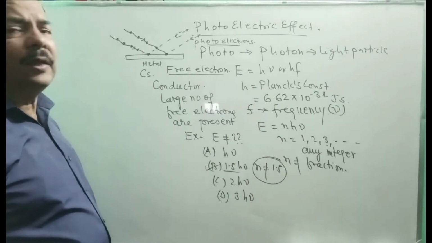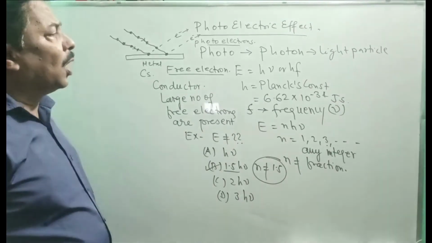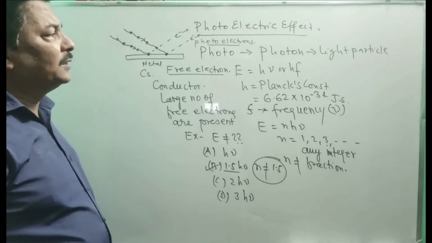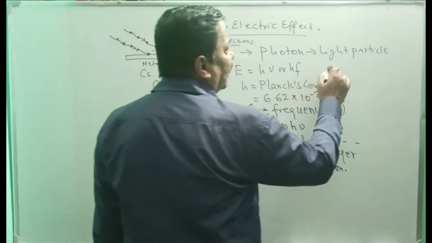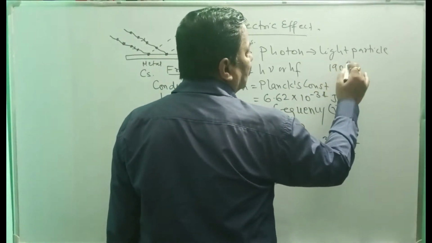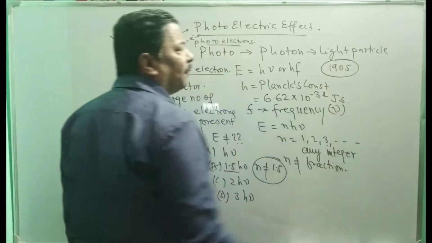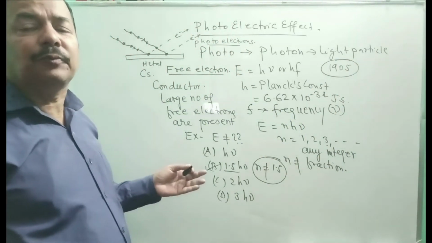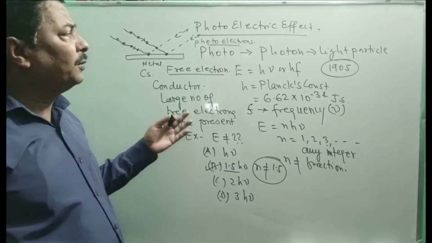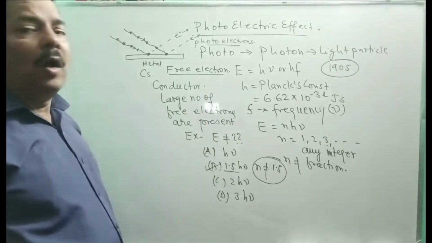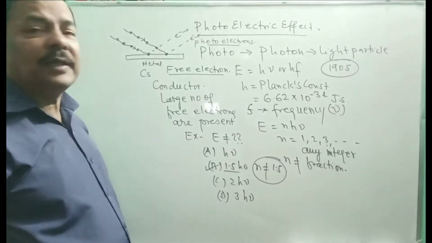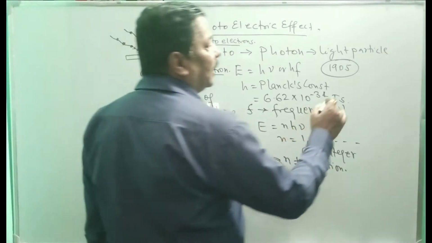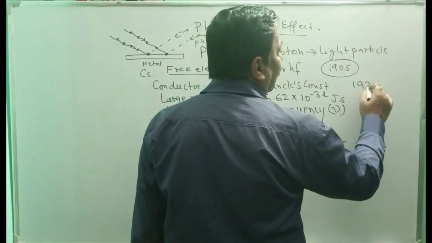This photoelectric effect phenomenon was explained by Einstein in the year 1905. He gave a very good, very satisfactory explanation of the phenomenon, on account of which he was awarded the Nobel Prize in 1921.